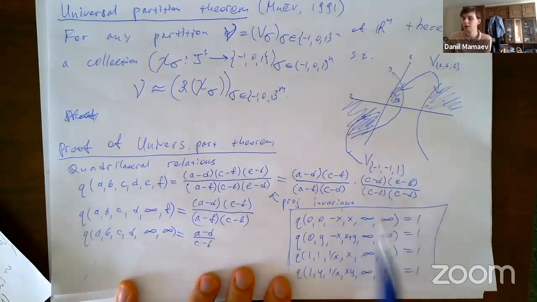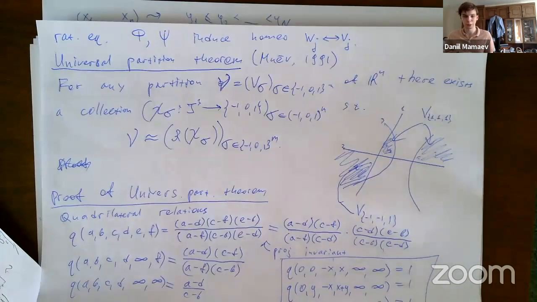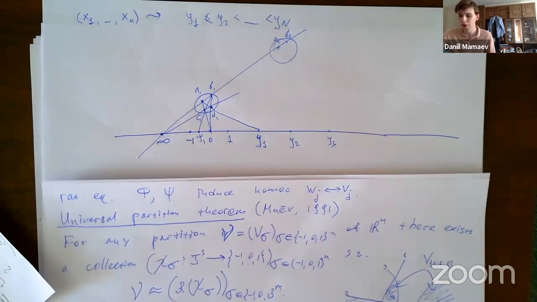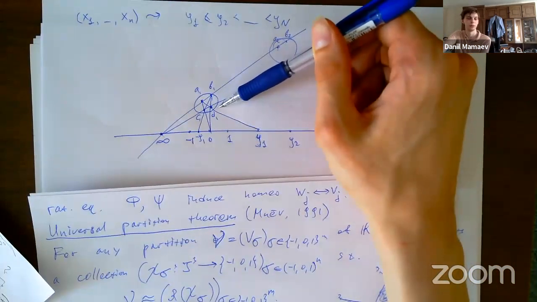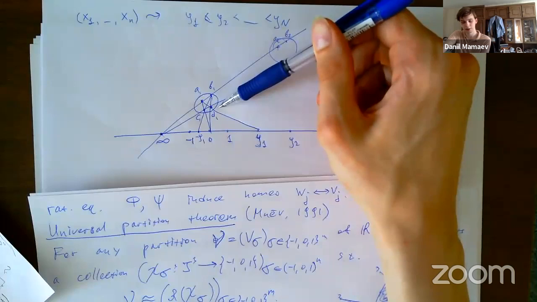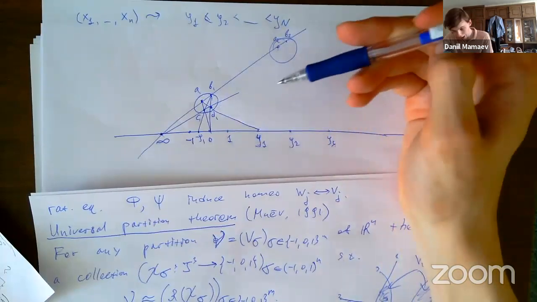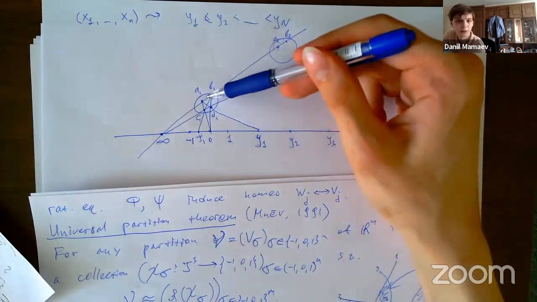Any. But why do we want a quadrilateral relation and not cross ratios? Exactly because we know how to draw these quadrilateral relations in the picture. For a cross ratio, we don't. I don't know how to encode a cross ratio into a picture.